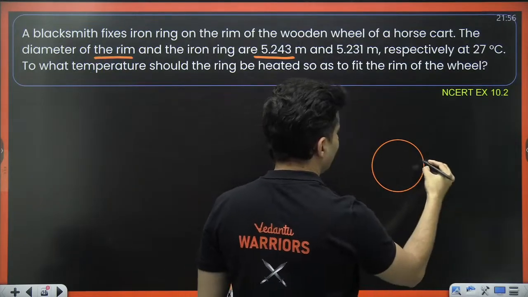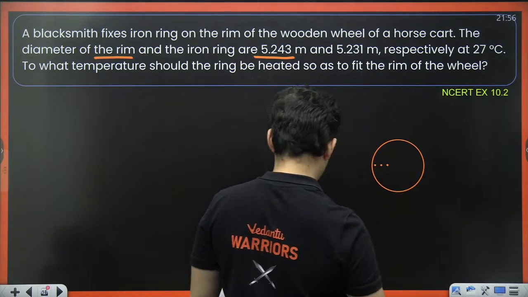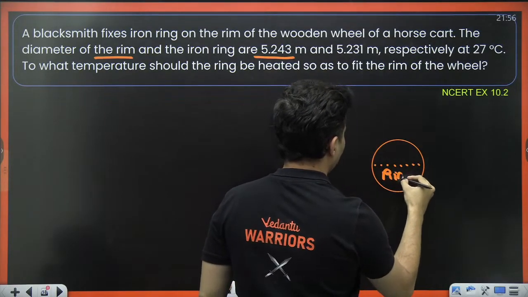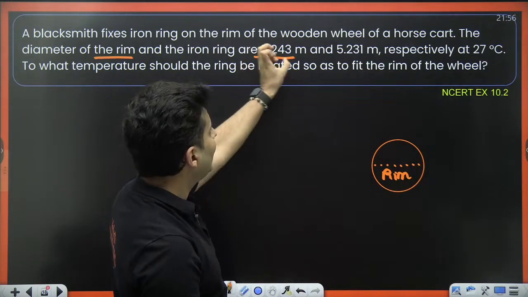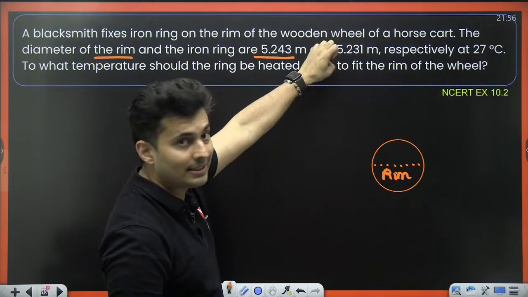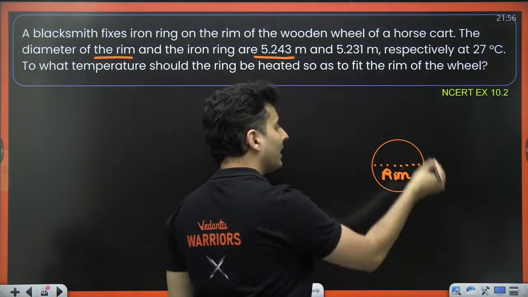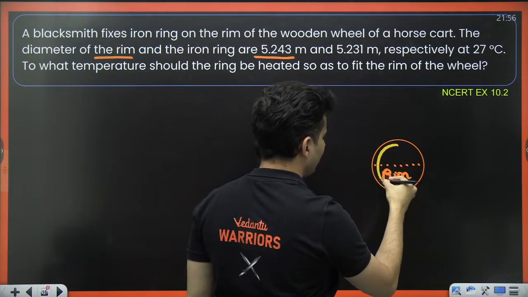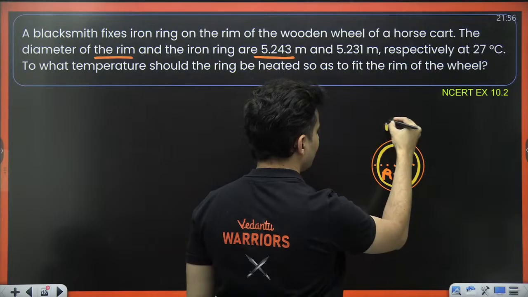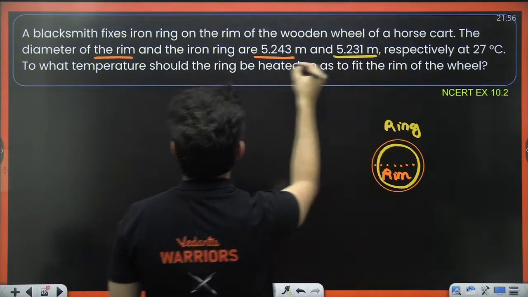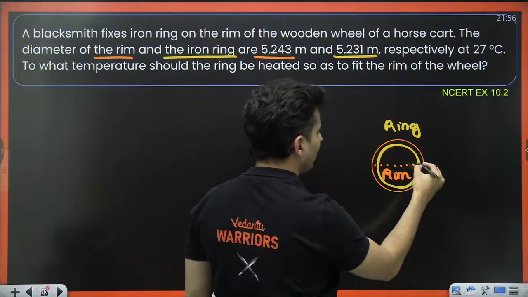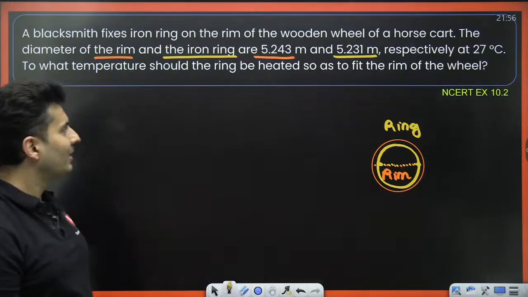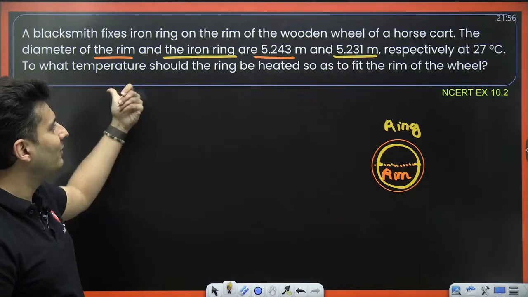If this is the rim, and that rim is given to be slightly larger than the ring, it's because only after heating it, it will fit inside. So the ring actually will be slightly smaller. This is the ring. This is slightly smaller and this diameter is given to be completely different. So you need to expand it slightly so that it fits onto it.